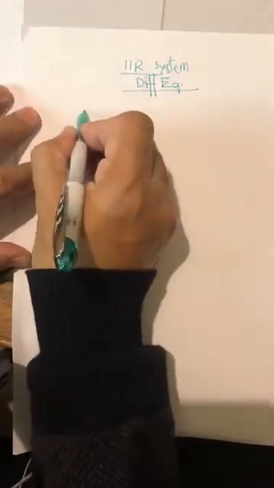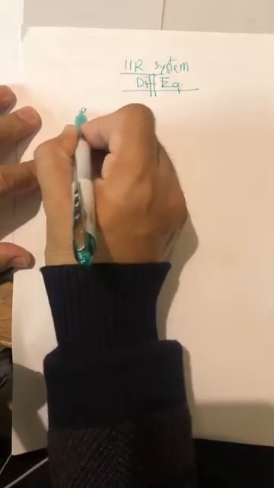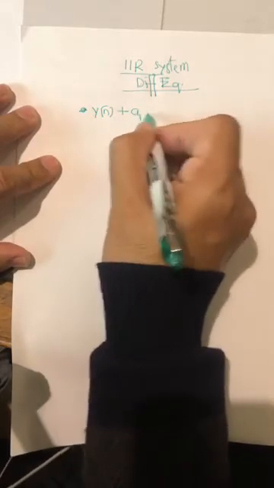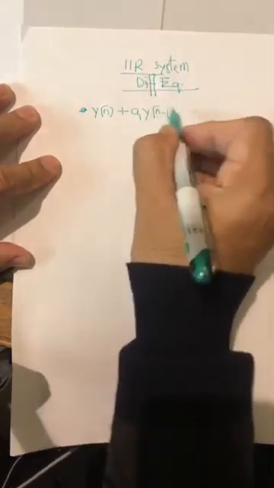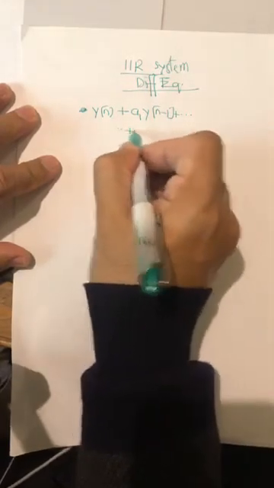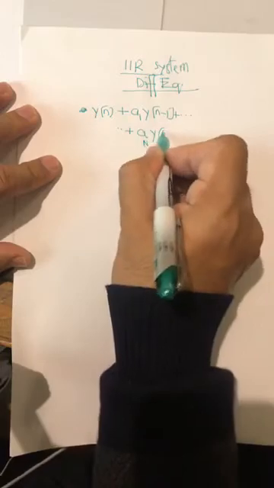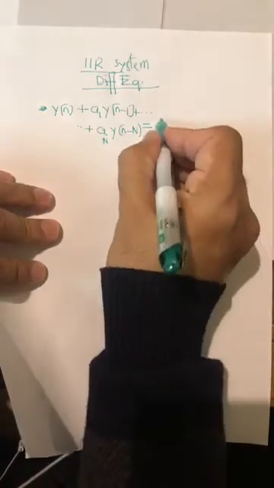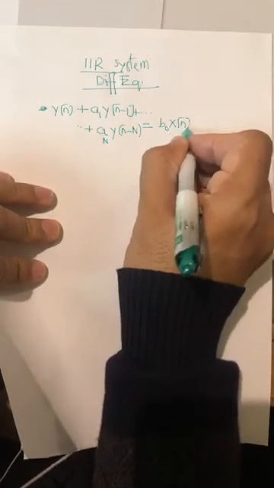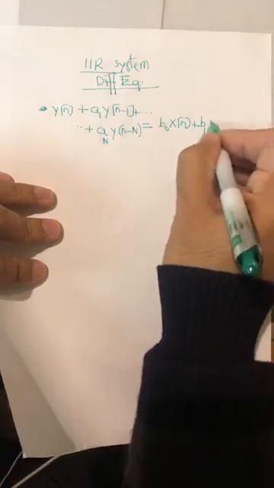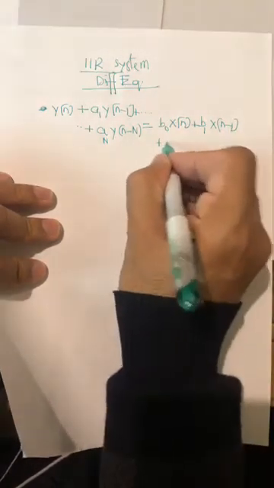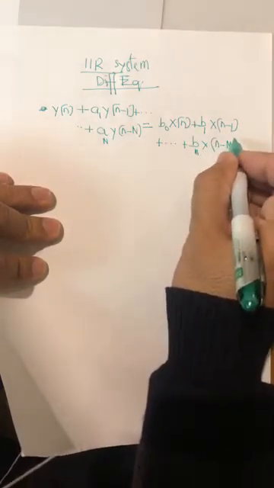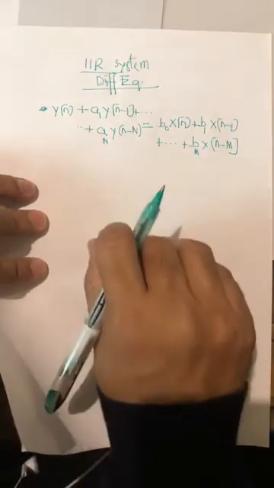Our difference equation is usually y of n plus a1 y of n minus 1 plus up to a n y of n minus n is equal to b naught x of n plus b1 x of n minus 1 and so on up to x of n minus n.